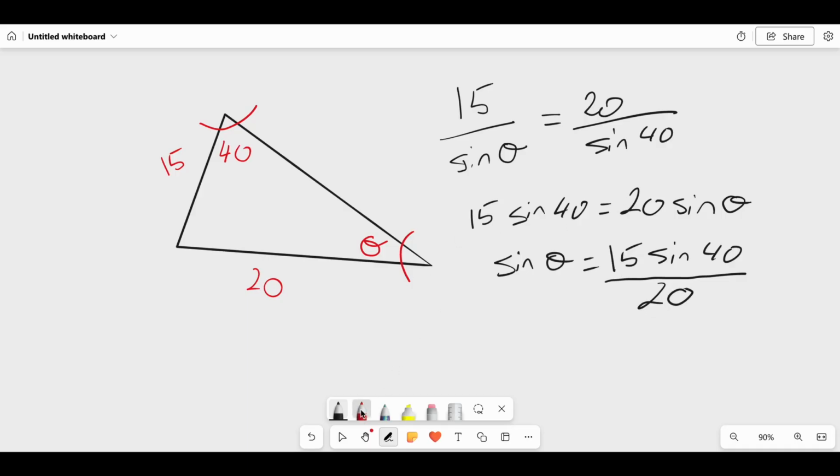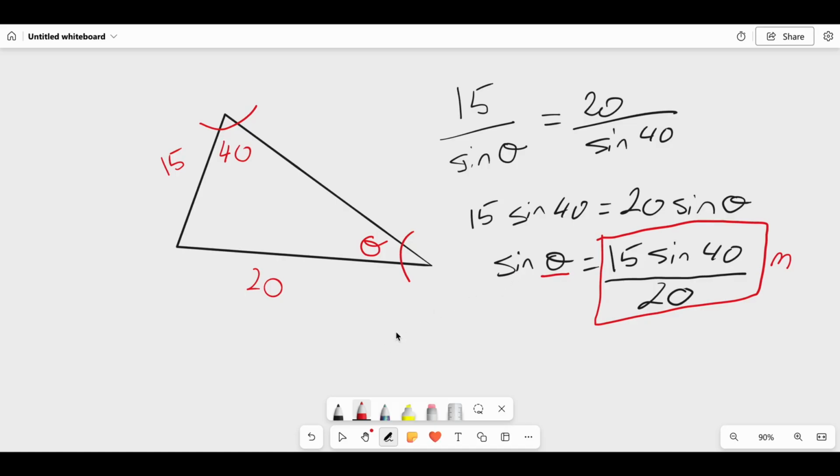Now, we need to find this angle, right? And of course, you can use your calculator to find sine 40 multiplied by 15 divided by 20. So let's say this number here inside this rectangle is, let's call it m. Okay? Now, in order to find the angle, we need to do the inverse of the sine.